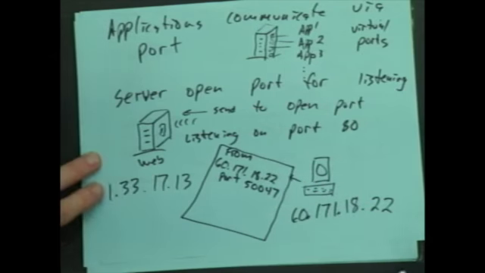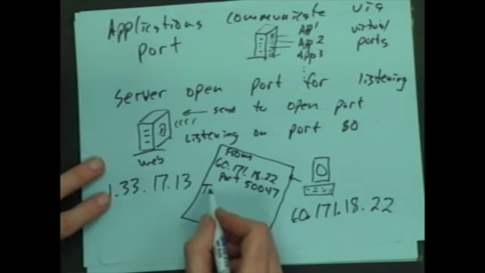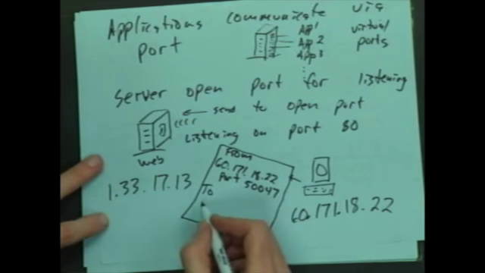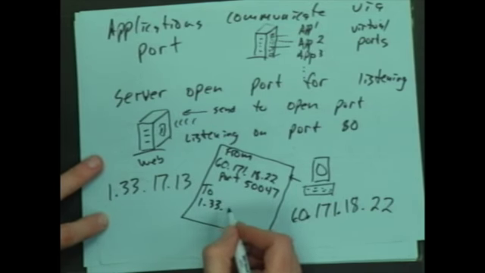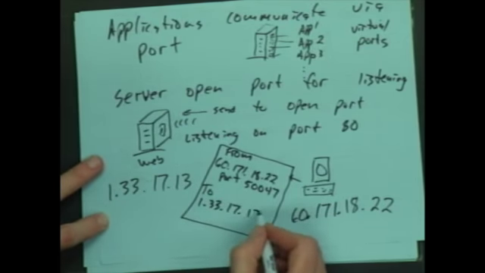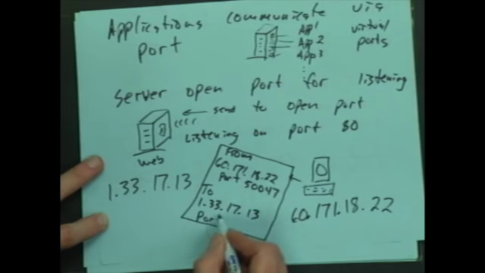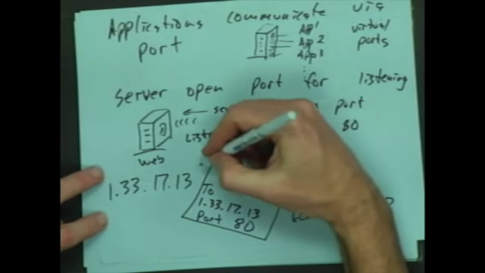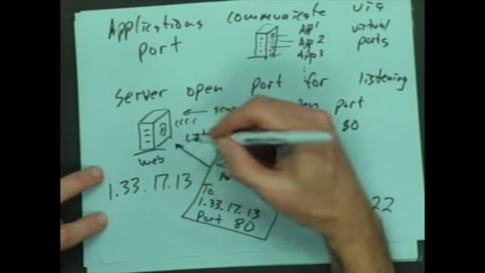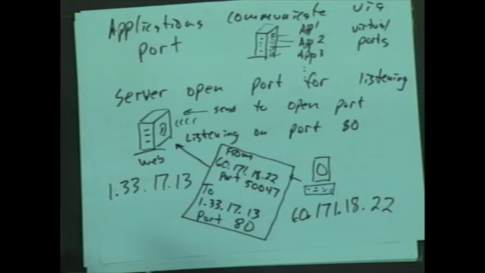It's like my special message to the server. I'm going to go to the server, 1.33.17.13, and the server's port, as we already said, is port 80. So that's sort of the total message.